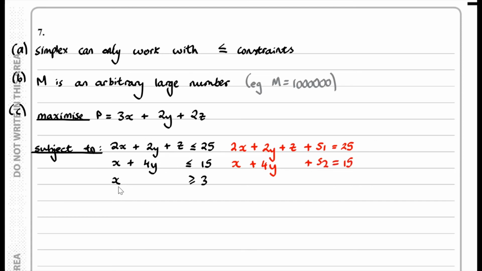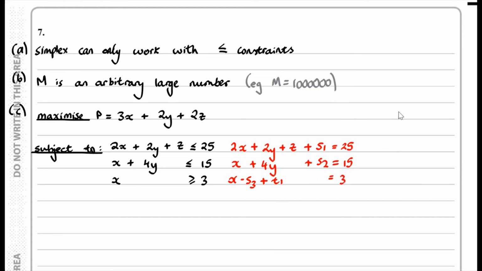And now for this x being greater or equal to 3, we have to be a bit more careful. We have to include a surplus variable and an artificial variable. The whole idea with this big M method is to drive the artificial variables towards 0. So where we have x being greater or equal to 3, we can rewrite this as x minus s3 plus t1 equals 3.